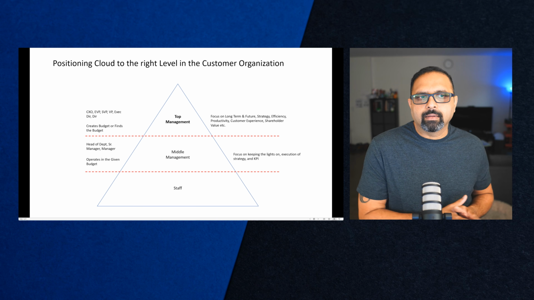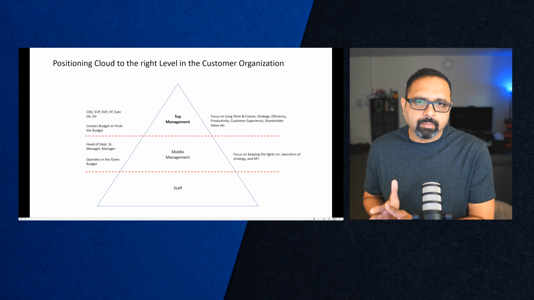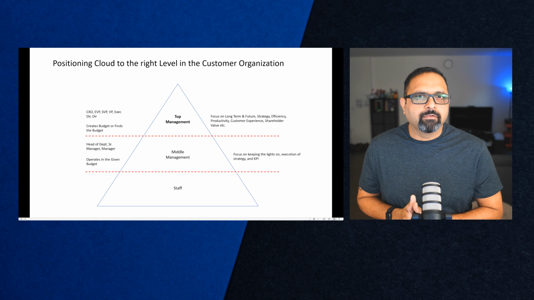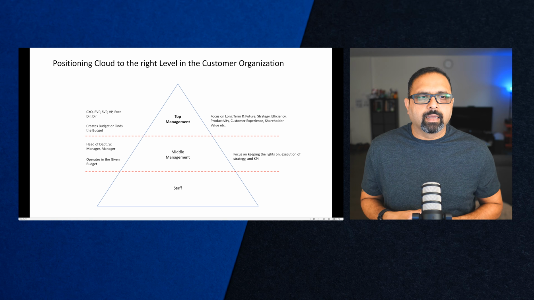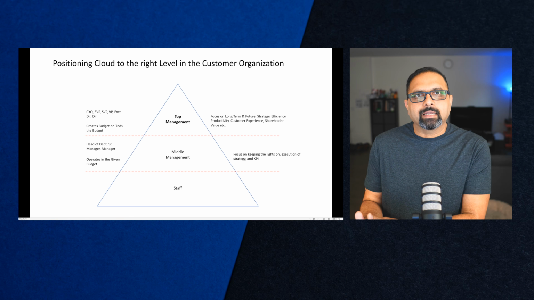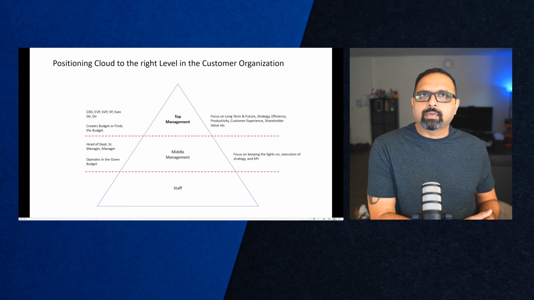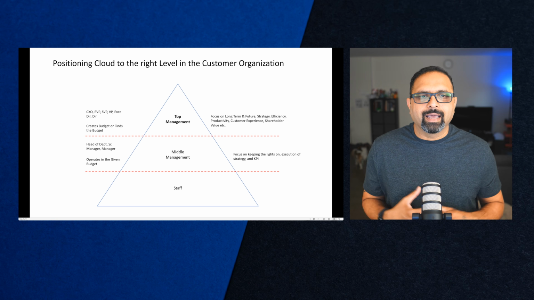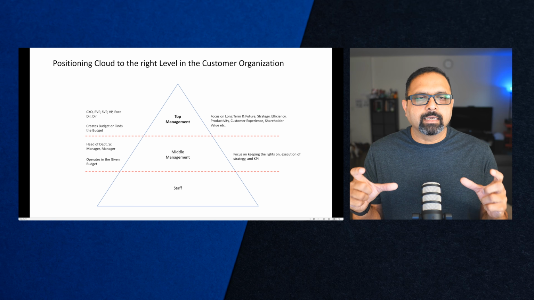Of course, they think about it, but it's not their responsibility. Their job is to really keep a way forward strategy, right? And they don't worry about KPIs on a daily basis. They worry about customer experience. They worry about productivity. They worry about efficiency in the overall organization. And that's what is really the key driver.